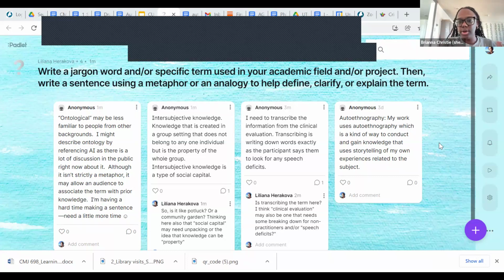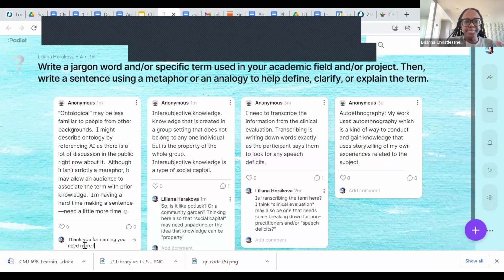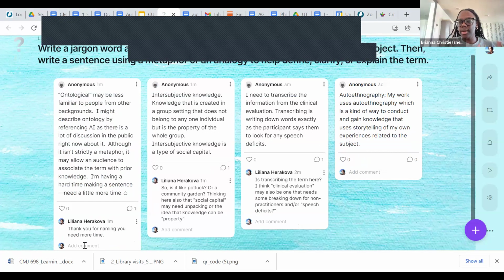I wrote that my work uses autoethnography, which is a way to conduct and gain knowledge that uses storytelling of my own experiences related to the subject. I just put the term in the sentence while also diving into the metaphor or simile that it is familiar to.